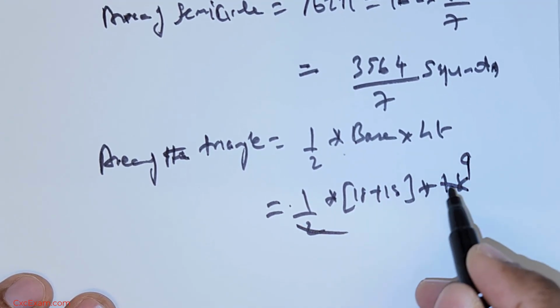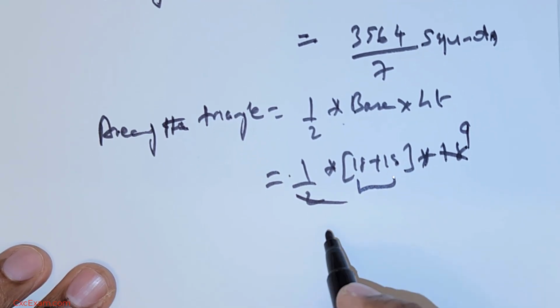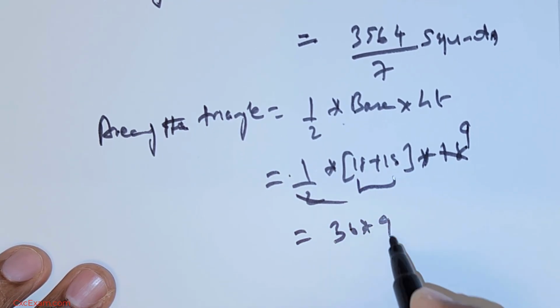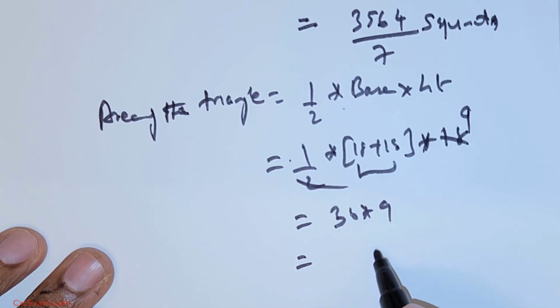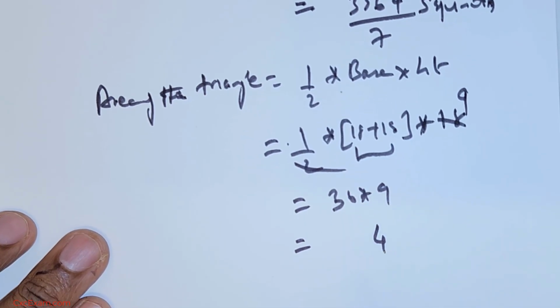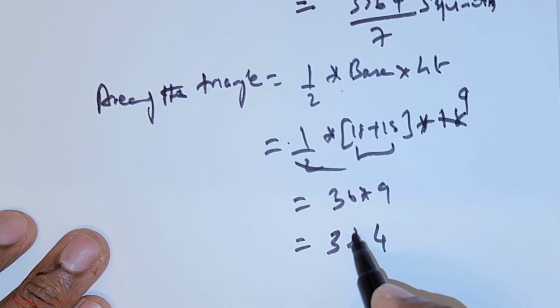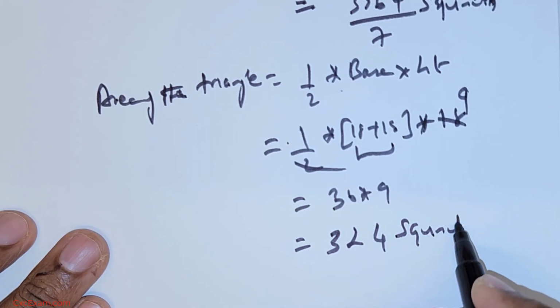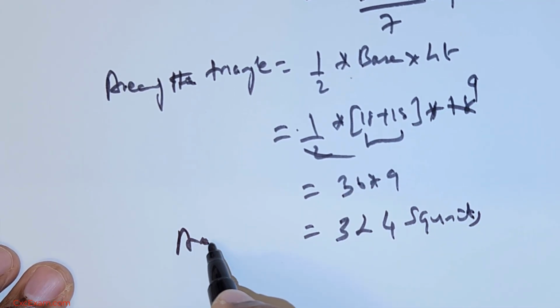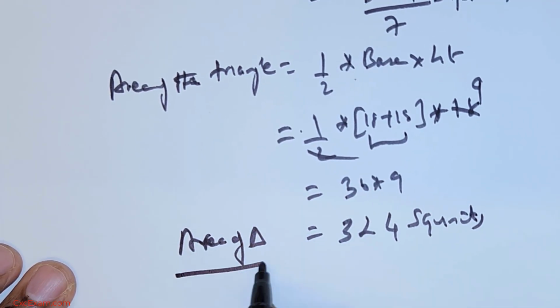So 2 divides here 9 times. 18 plus 18 is 36. Multiplied with 9. 6 9s are 54. 5, 9 3s are 27. 27 and 5 is 32, so 324 square units. So what is this? This is nothing but area of triangle.